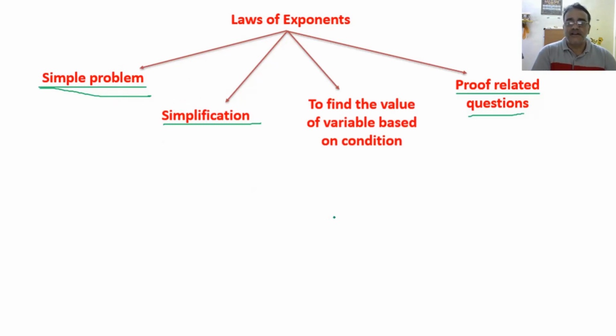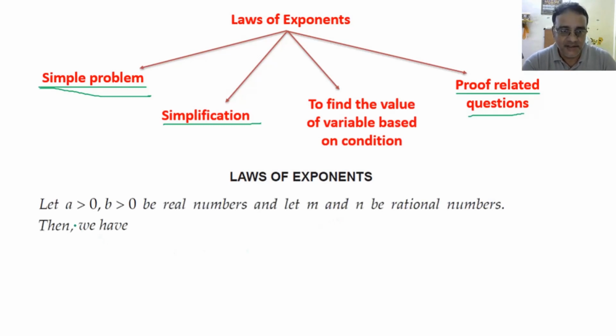And let us revise the laws of exponents. You have already studied them in class 7th and class 8th also. So first, let a greater than 0, b greater than 0 be any real numbers, and let m and n be rational numbers. Then this is the first law: a to the power m into a to the power n is equal to a to the power m plus n.